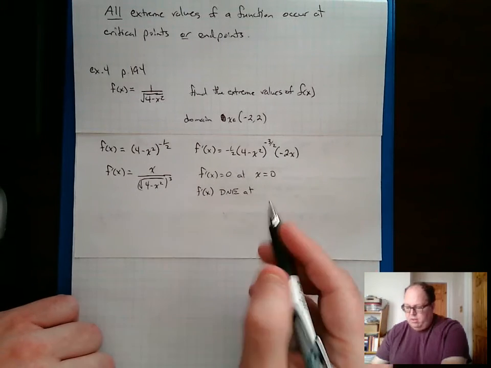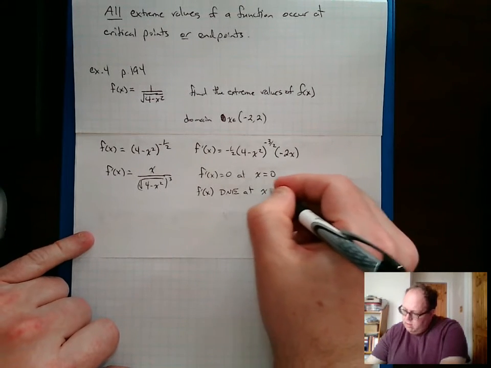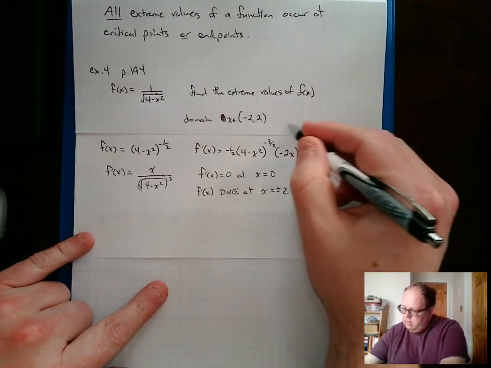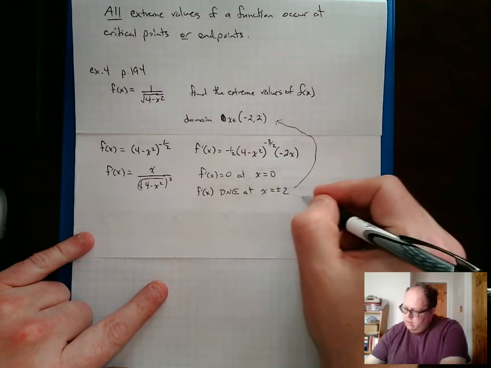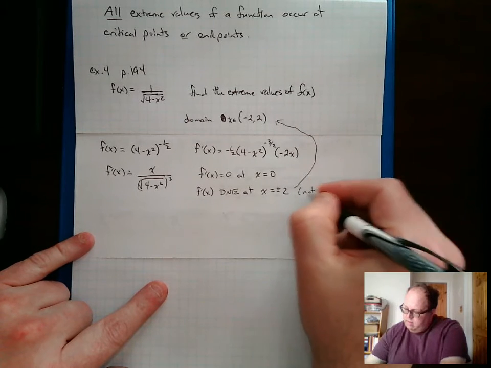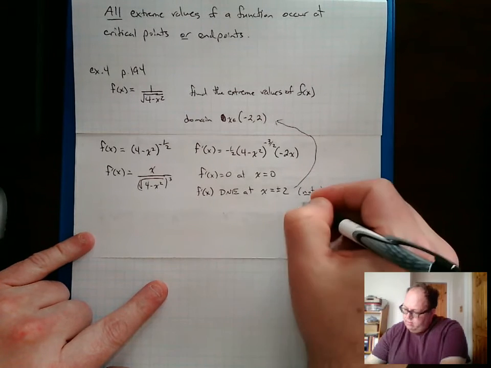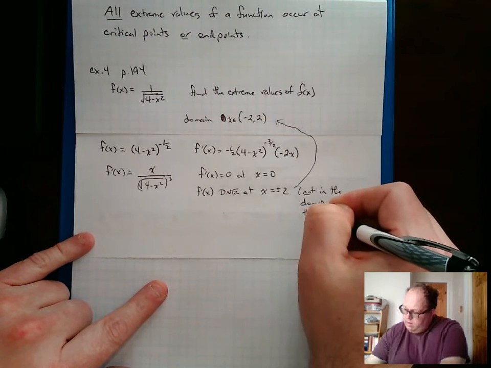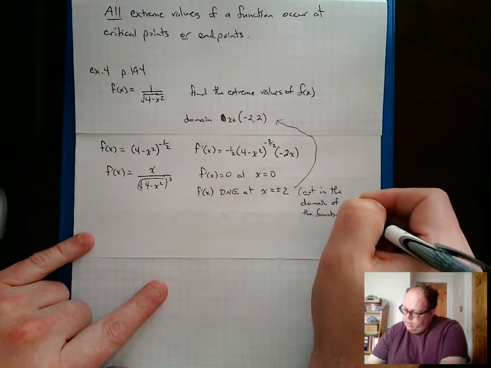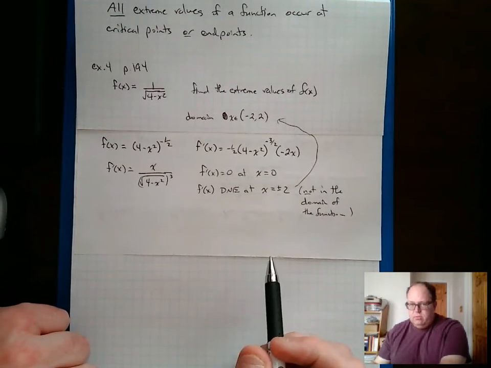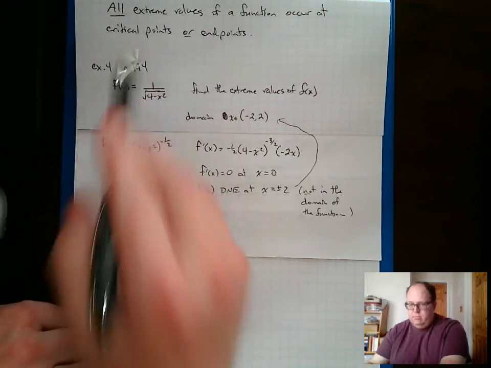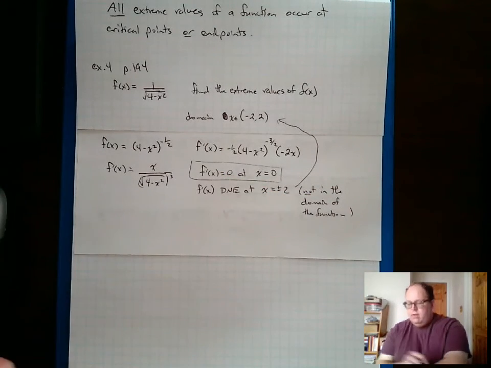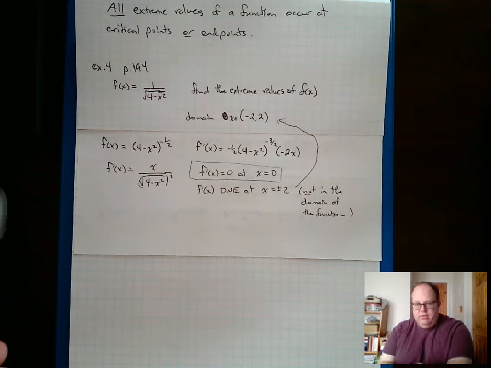So when x equals plus or minus 2. However, it's worth noting these are not in the domain of the function. Therefore, we don't have to worry about those as far as critical points go. So this is our only possible extreme value on the function.